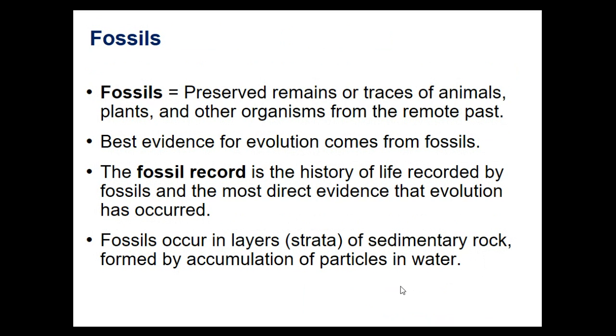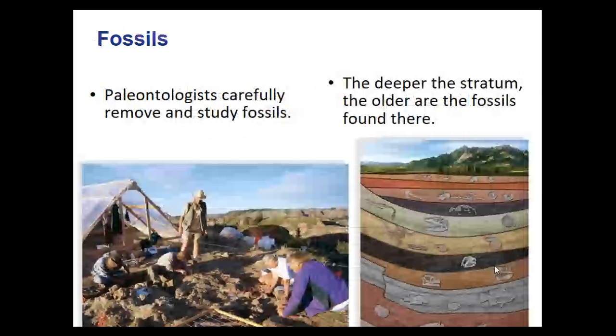It's called the fossil record, the accumulation of all the fossil evidence that we have. It's assumed that the deeper a fossil is, the earlier in time that species or organism lived.